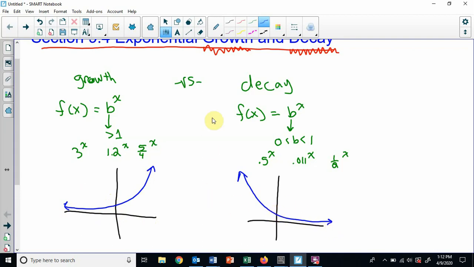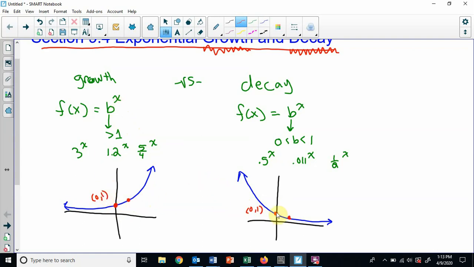I do want to point out that both of these graphs, no matter if they're growth or decay, will have 2 points on them. Both of them will have the point 0, 1, and that comes from the fact that anything to the 0th power equals 1.